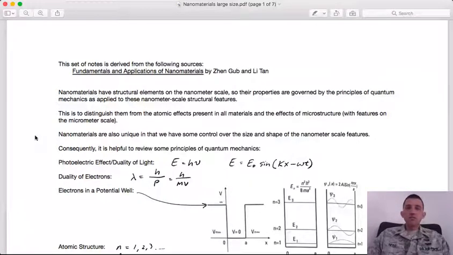In the first half of the quarter, we were talking a lot about how microstructure affects properties of materials, and then in the second half, we were talking about microelectronic fabrication, at the micron scale. If we go down another few orders of magnitude, we're talking about fractions of a micron.